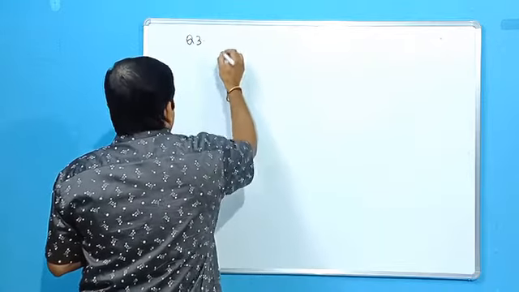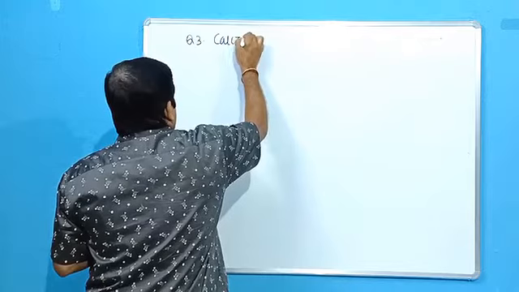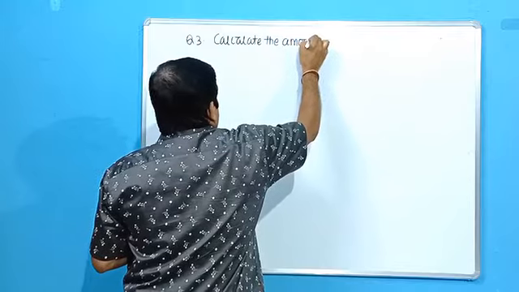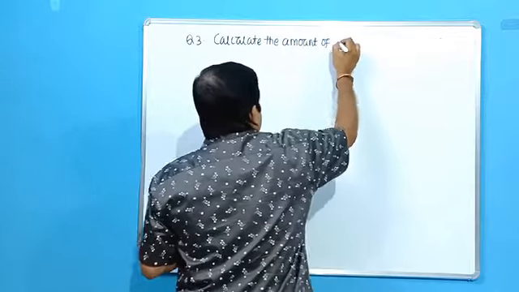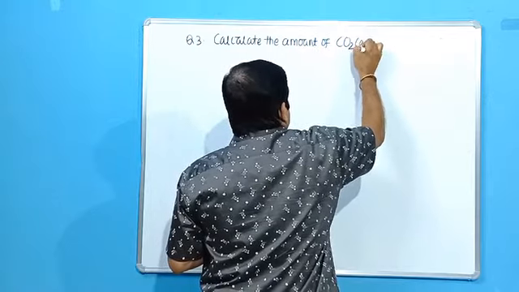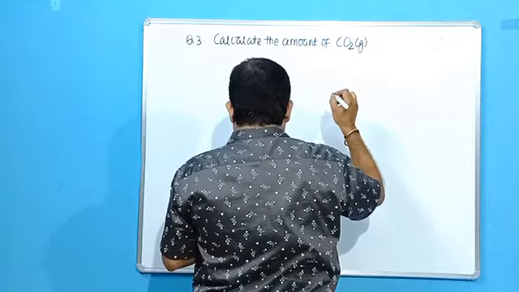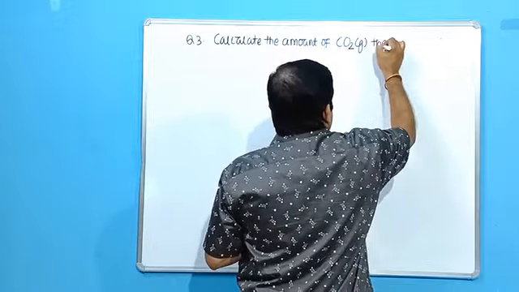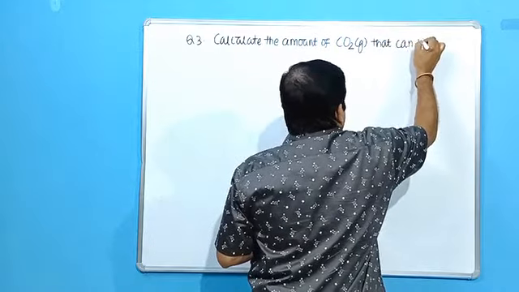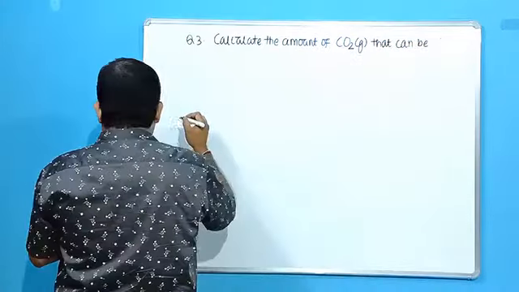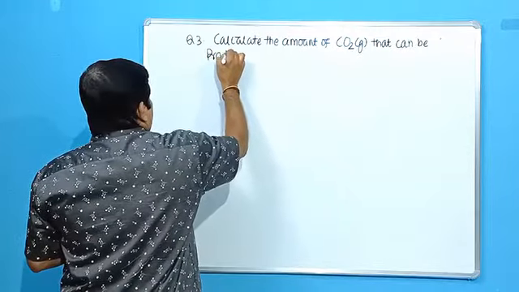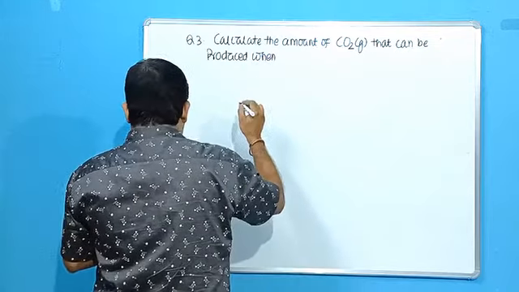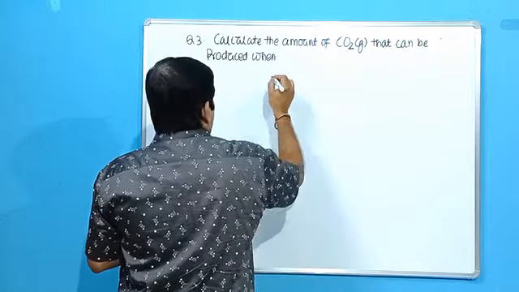Calculate the amount of carbon dioxide, that is gas, that can be produced when 1 mole of carbon is burned in air.